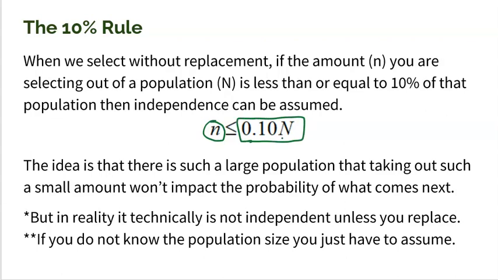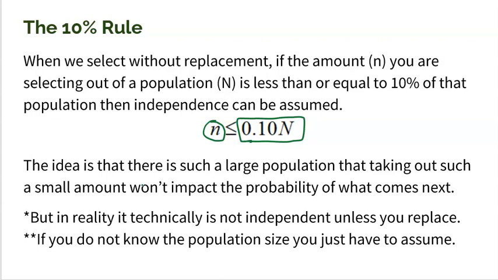So again, n is the number we are taking out, and then 0.1 is the 10% of N. Capital N is your total population. So the point is, as long as you take out less than 10% of your entire population, you're fine to assume independence, even if there's not. So this is what allows us for the turkey to do 0.75 times 0.75. Even though that second 0.75 might not technically be 0.75, the idea is if you take 2 houses out of millions of households, you're not really doing anything major.